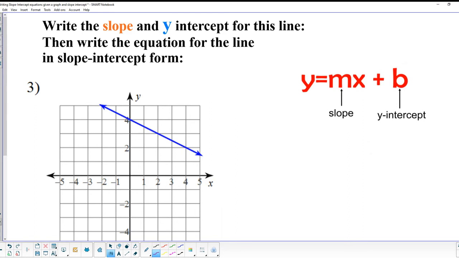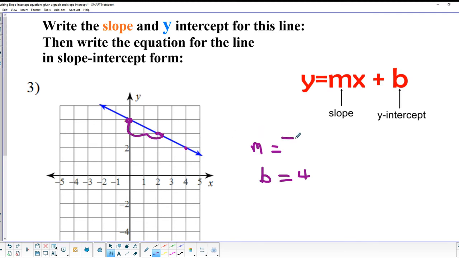All right, yet another one. We've got a couple more examples here. So here's my y-intercept. My y-intercept b is 4. Now I need to find my slope. As I look at this particular line, it comes down and it crosses right here, crosses right here. So this is going to be pretty easy. That means I just go down 1 over 2.